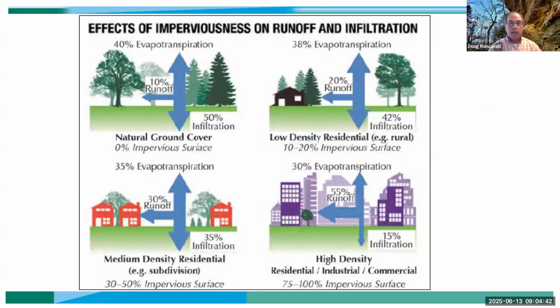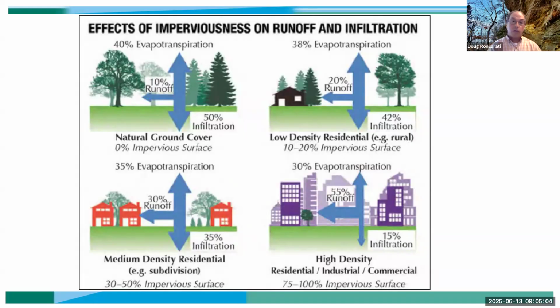So this picture basically shows what is impervious area. What does it do? Impervious area is our developed landscape versus forests and fields. As you start adding more development, more pavement, more buildings, more parking lots, you start to see an increase in runoff.